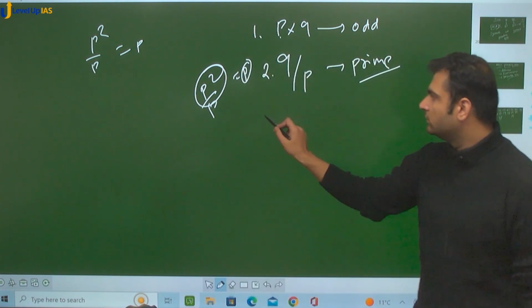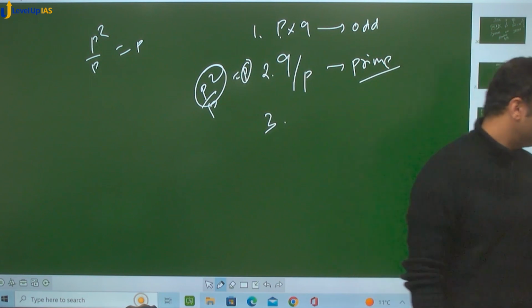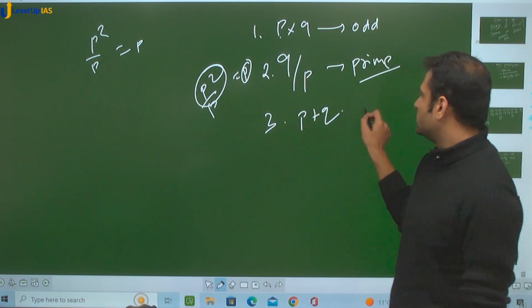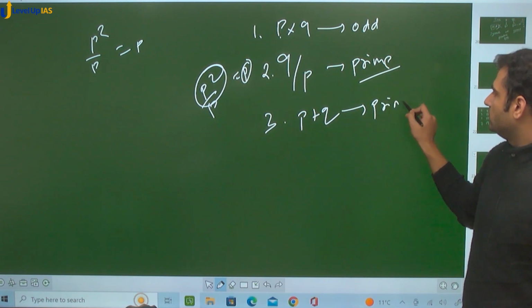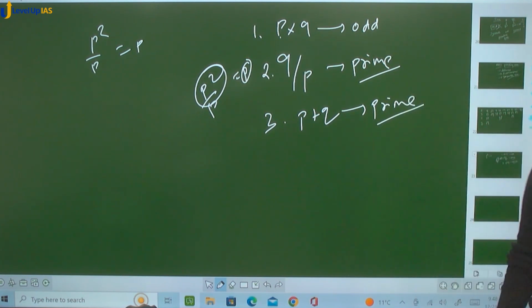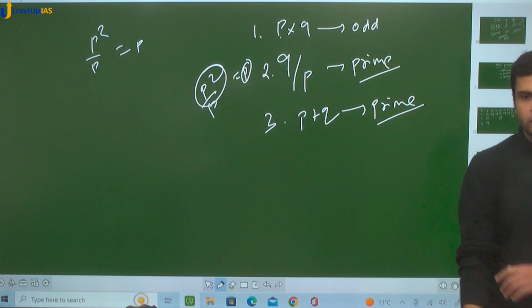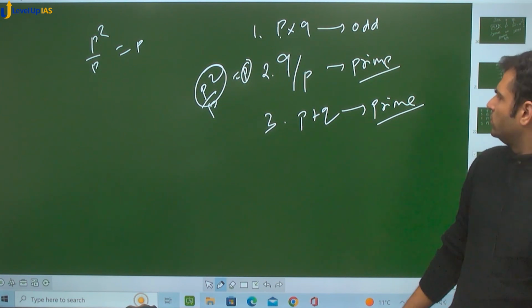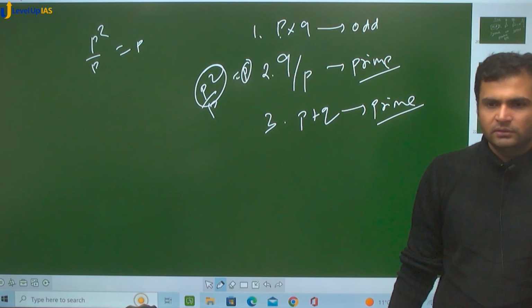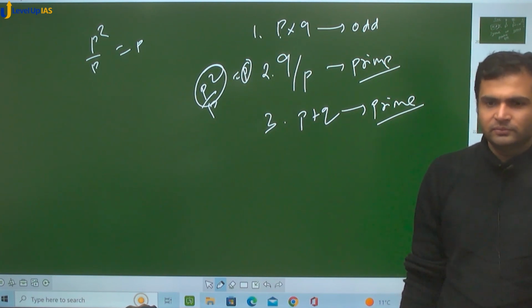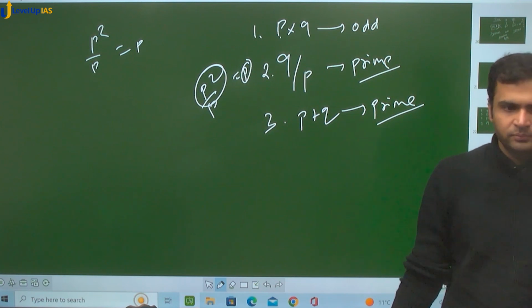Third statement, Q plus P or P plus Q is a prime. Is it possible? Q is a composite, P is a prime. 2 plus 3, नहीं, 2 plus 3, हाँ, 2 plus 9, 11 prime number है.